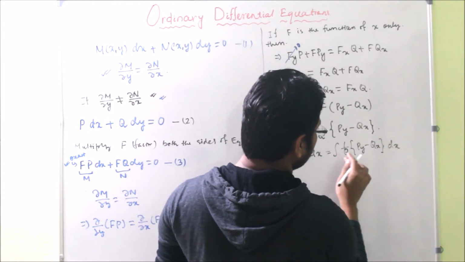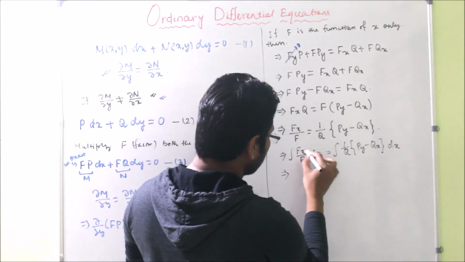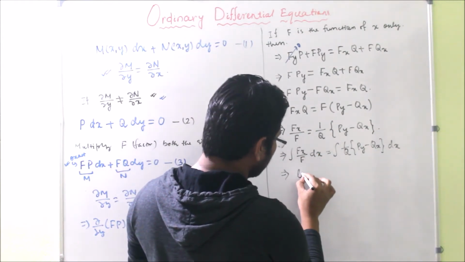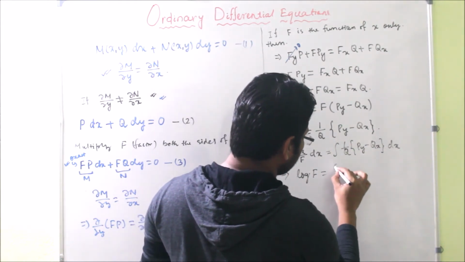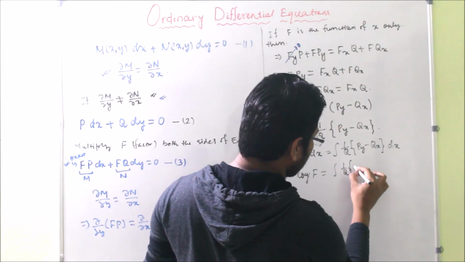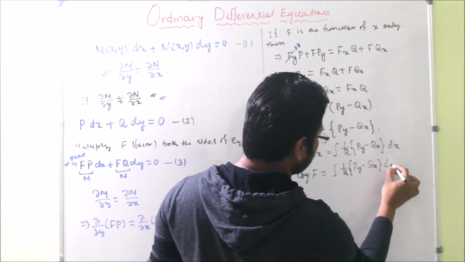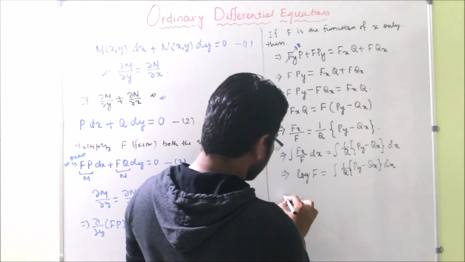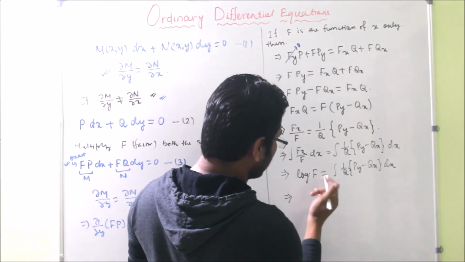Now if I take integration of this, it will be log f, and the right side will be the same thing. Now if I remove the log, how to remove?